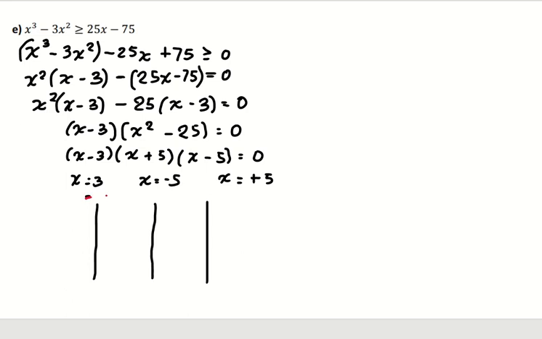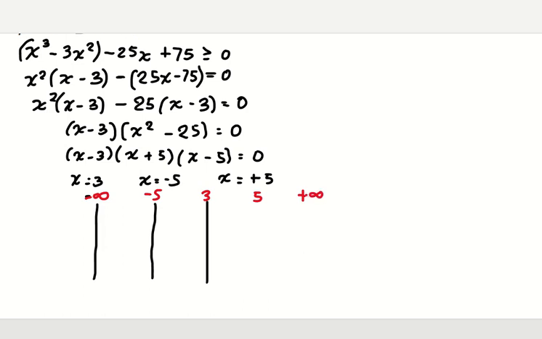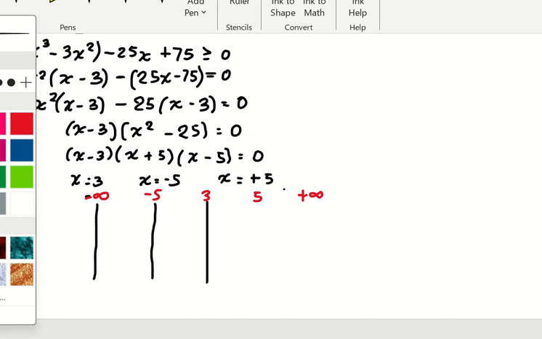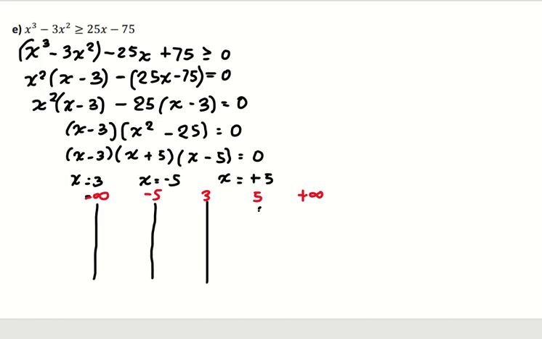So this is negative infinity to negative 5, negative 5 to 3, 3 to 5, and 5 to positive infinity. It's like a number line, so we can find the values of x.